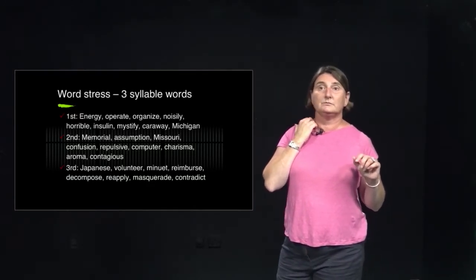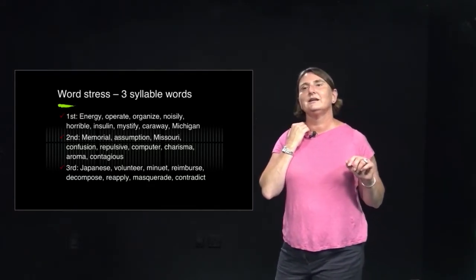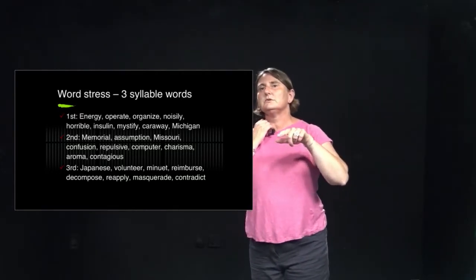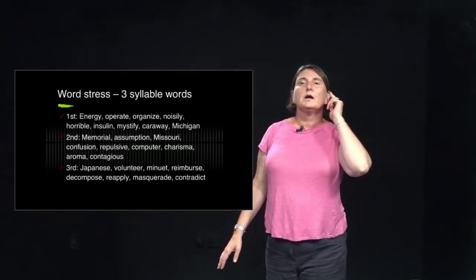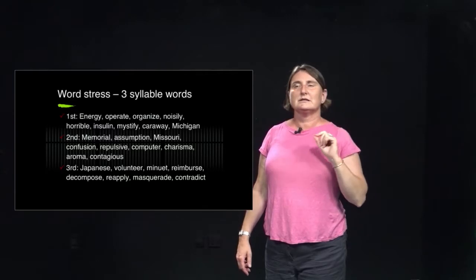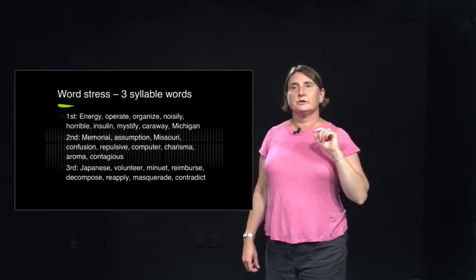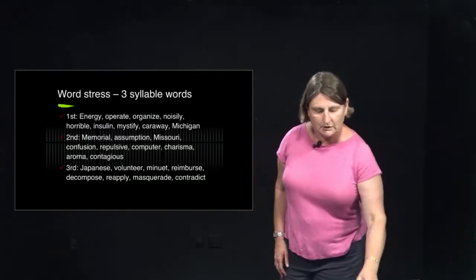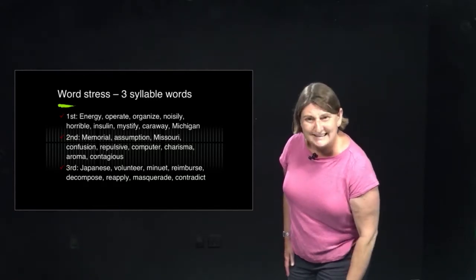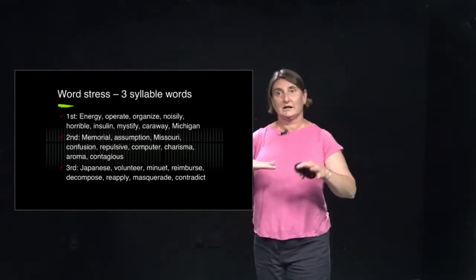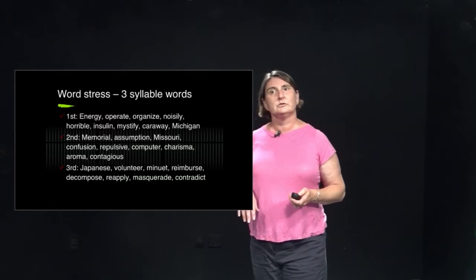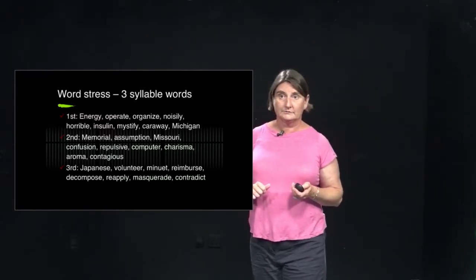So, okay? First syllable, Michigan. Second syllable, Missouri. Third syllable, Japanese. Often when we look at different places, we can get all kinds of stress patterns. So those are good to rely on for that.